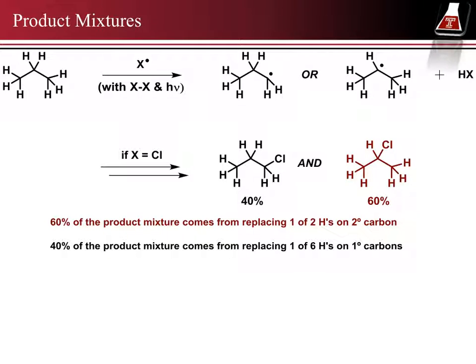So with 2 hydrogens on this secondary carbon and 6 equivalent hydrogens on the primary carbons, there's about a 3-to-1 chance that something is going to collide with one of those primary hydrogens rather than the secondary. So just overall probability of collision would tend to suggest that we should get more of the primary.